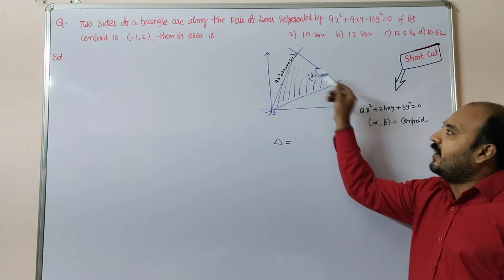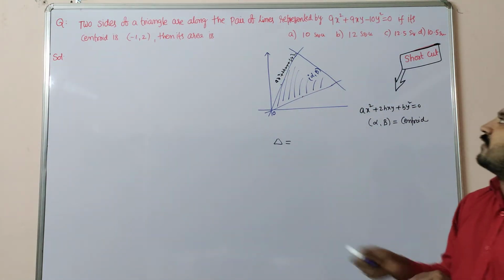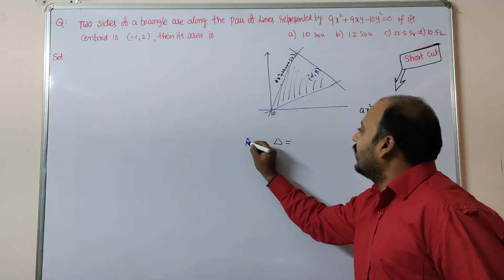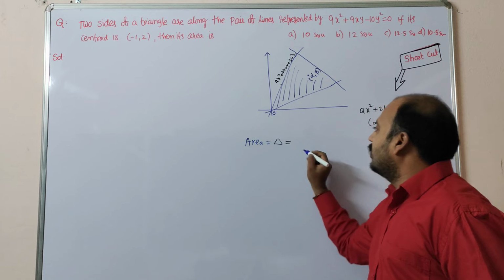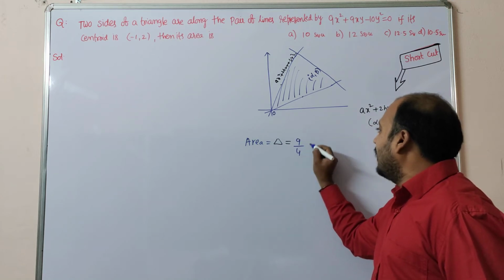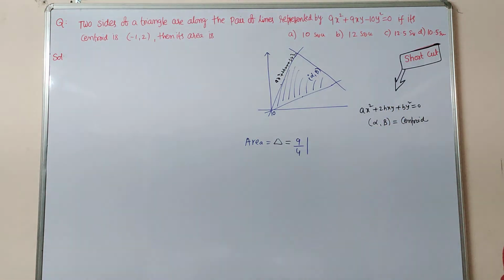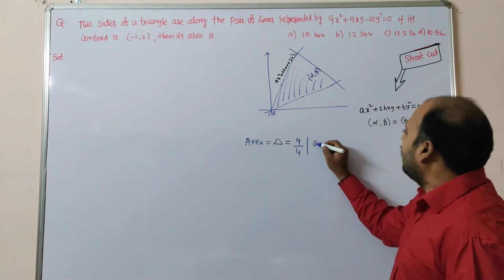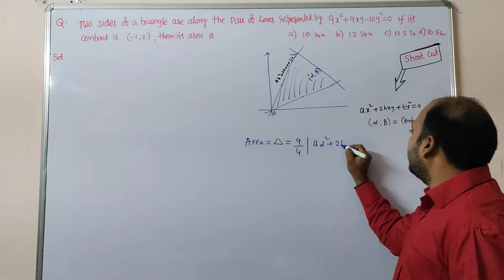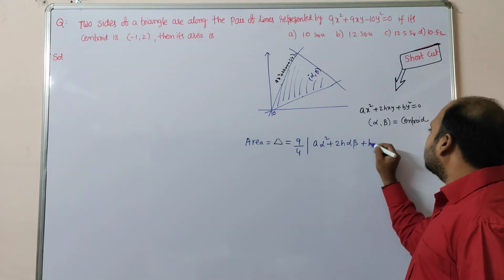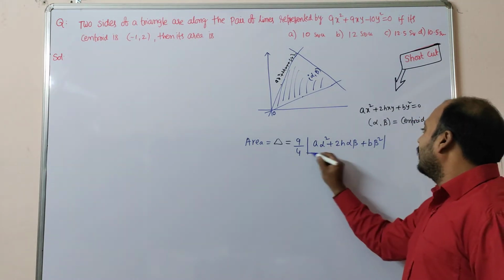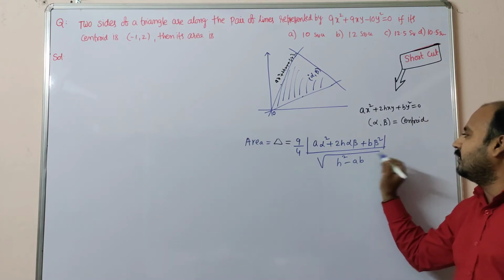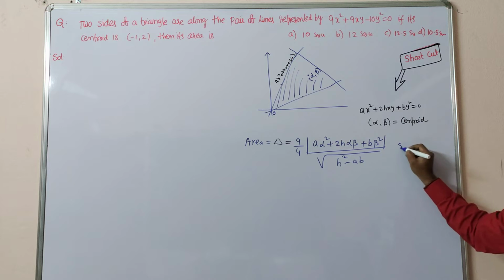The centroid and the pair of straight lines are given, and that pair of straight lines are also two sides of the triangle. Then the required area delta is equal to 9 by 4 mod, in place of x comma y substitute alpha beta: a alpha square plus 2h alpha beta plus b beta square divided by square root of h square minus ab. This is the formula, in square units.